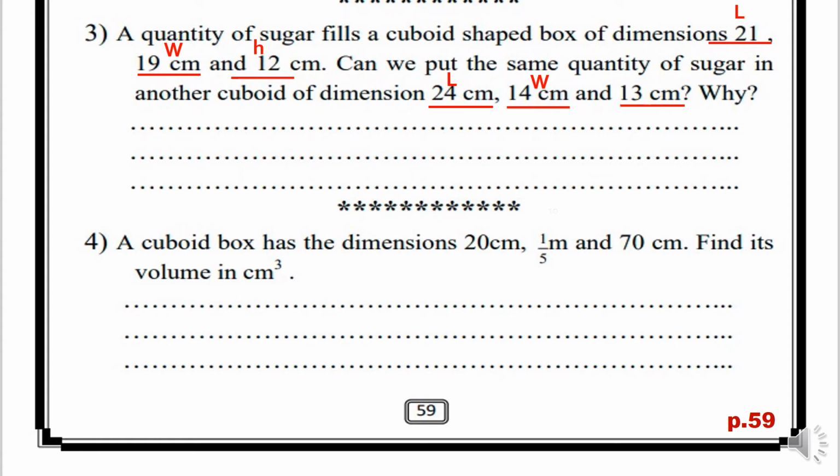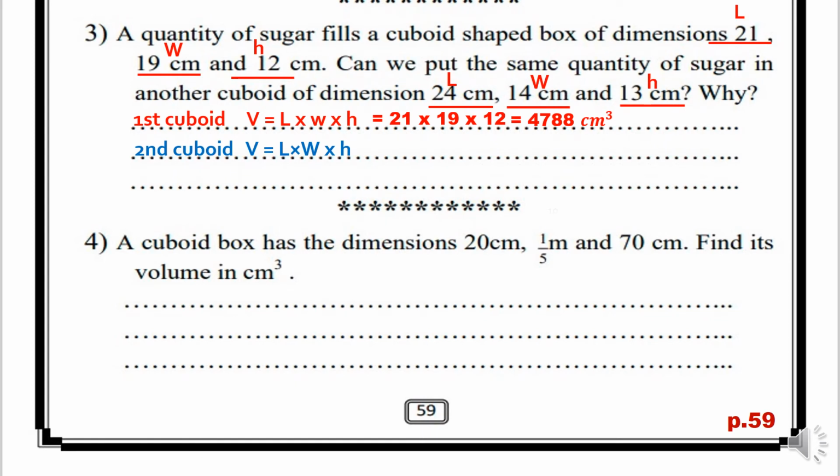I have to get first the volume of the first cuboid. The volume of the first cuboid equals length times width times height equals 21 times 19 times 12 equals 4,788 centimeter cube. And I have to get the volume of the second cuboid.